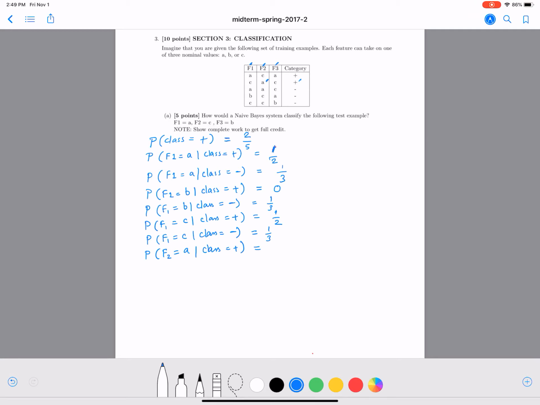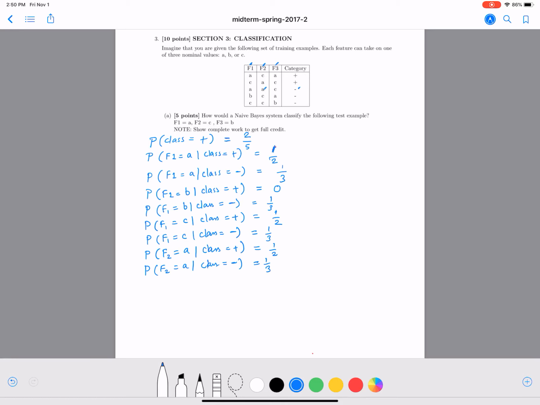So this would be 1 by 2. Probability of F2 is equal to A, class equal to minus. Now here we have 1 again, out of 3. So we have the value to be 1 by 3.